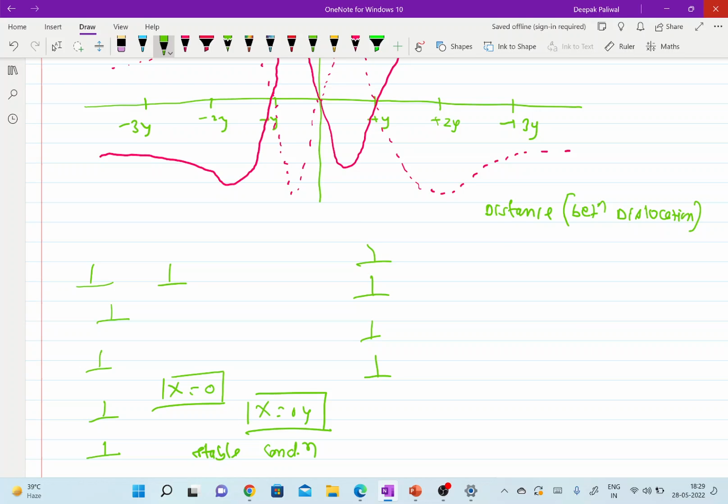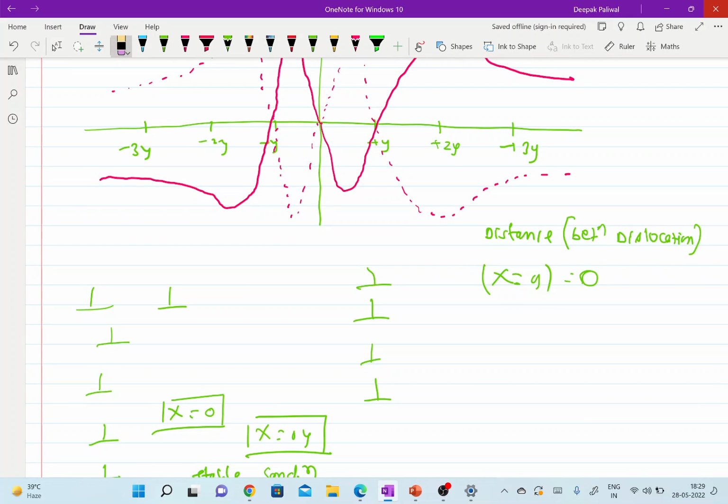When x equal to y, again the force is 0. At x equal to 0, that means the force is equal to 0. Okay, and at x equal to y again the force is equal to 0.